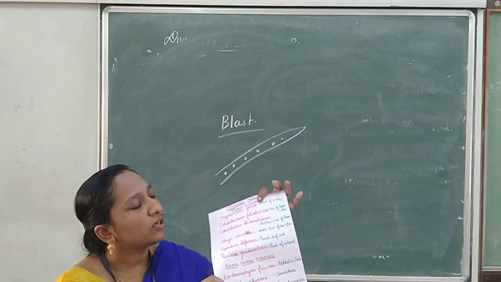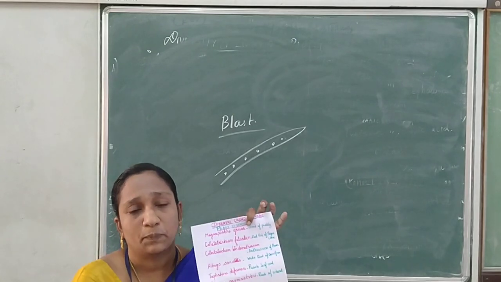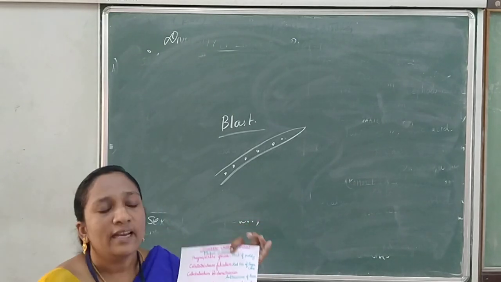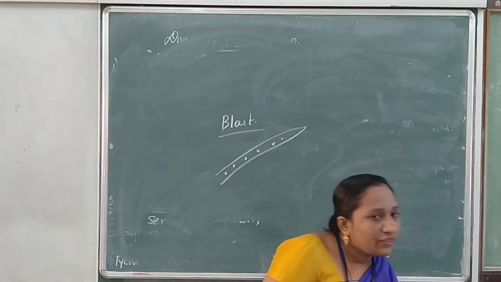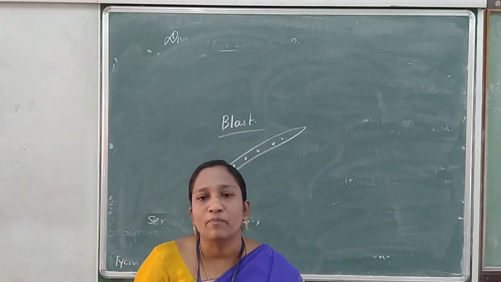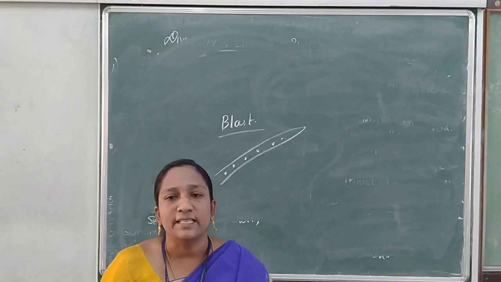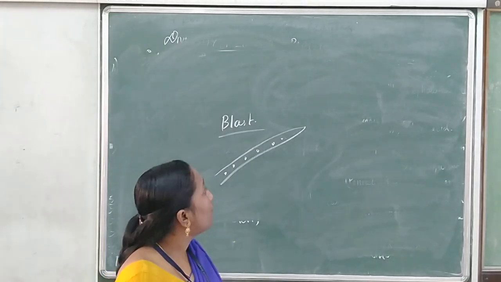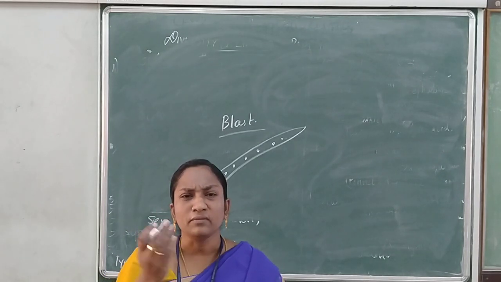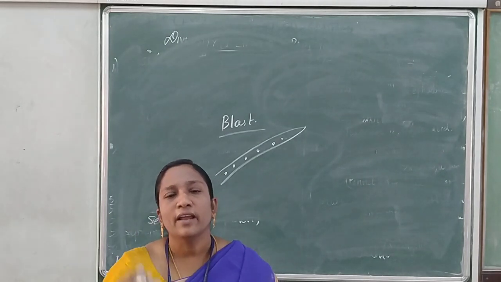Not only these fungi cause diseases. In addition, a lot of other species are also involved in causing diseases. As fungi are useful, they also cause diseases in human beings, plants and other organisms. Children, I hope you all understood about the classification of fungi.